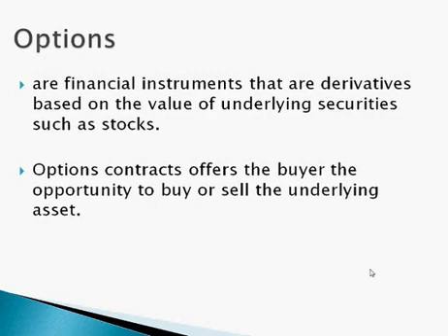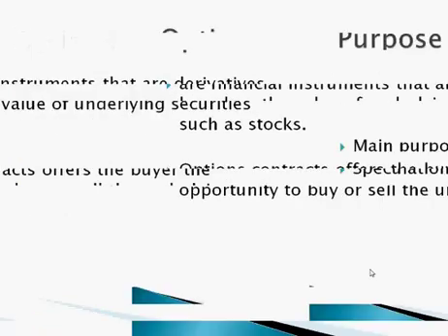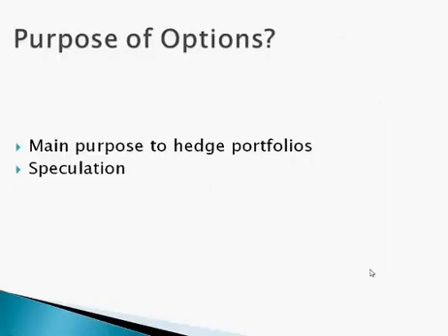Now we need to learn about what is the purpose of options. The main purpose of options is to hedge portfolios. Like hedge funds, multi-billion-dollar portfolios, they use options in case there's going to be a market sell-off. If they anticipate or believe that something might happen, they hedge their multi-billion-dollar portfolios with options.